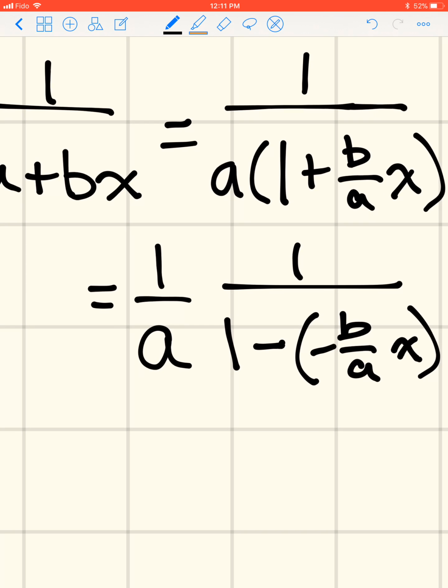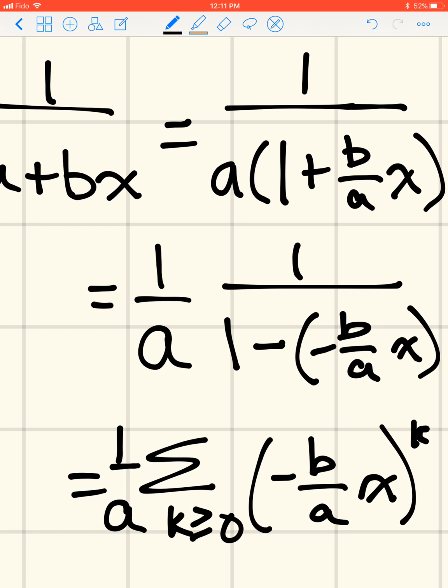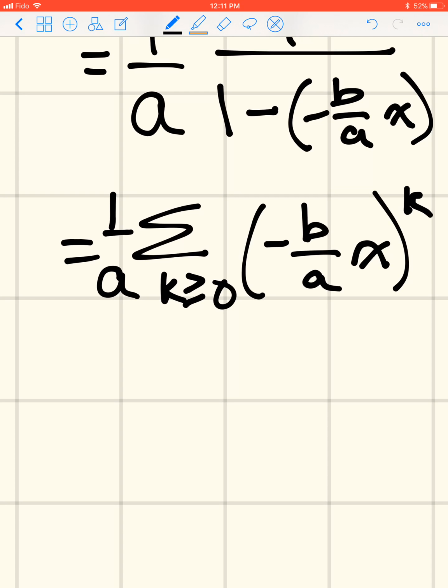And now we've got it in the form we want, so that is equal to the 1 over a, the sum as for any k of minus b over a, x to the k. Now we can massage this a little bit. We can simplify it.